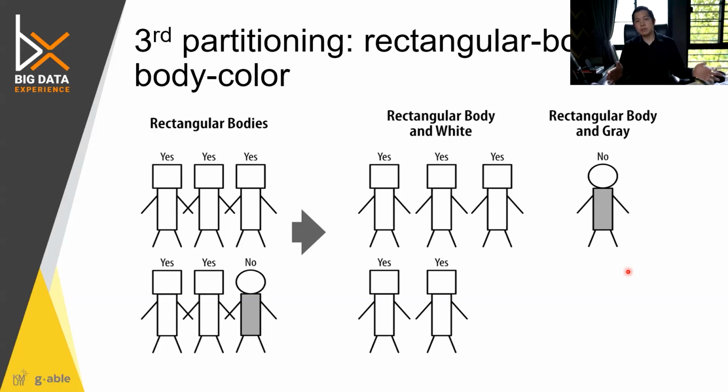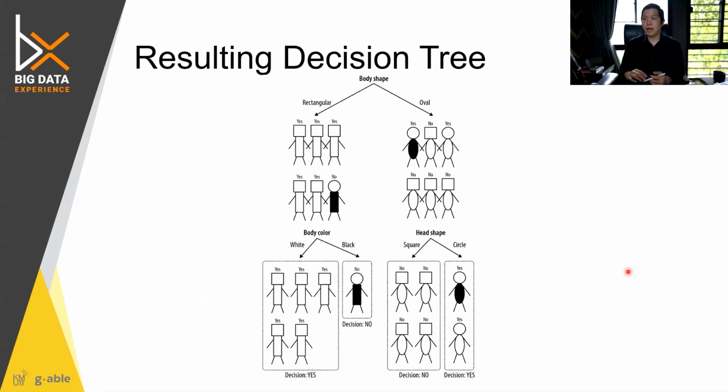Then from these 3 steps, we would now get a decision tree. Okay, our decision tree would look like this. First we use body shape, and then from the body shape we separate them into 2 parts. For each of these, we use body color and head shape, and then separate them into finally this.